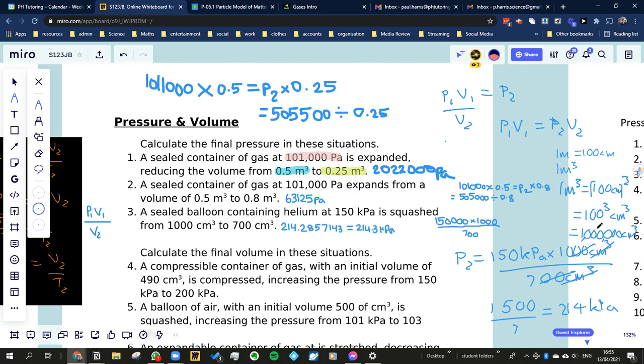So now we see that in 1 meter cubed we have a million centimeters cubed, not 100 centimeters cubed, like we would have thought. But we can also see that in this particular case, we didn't need to convert the units because the units cancel out anyway. Okay, so I'll just save that.